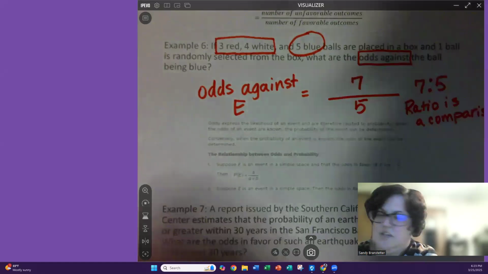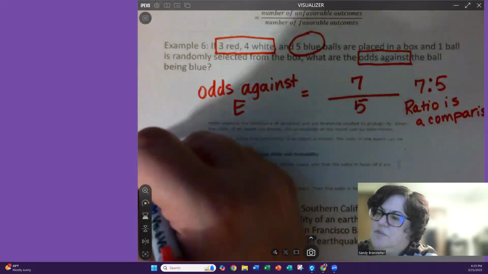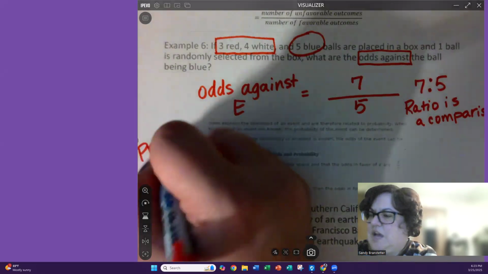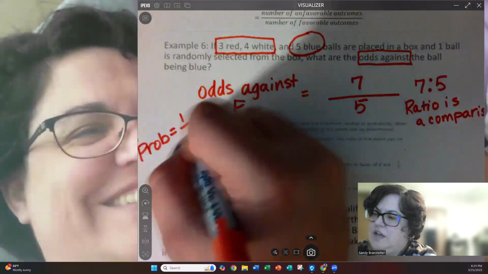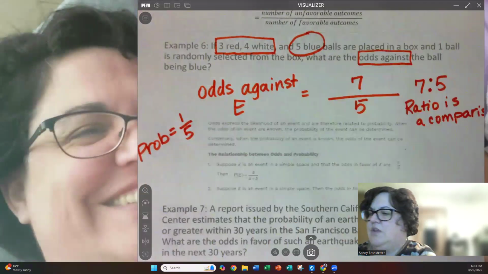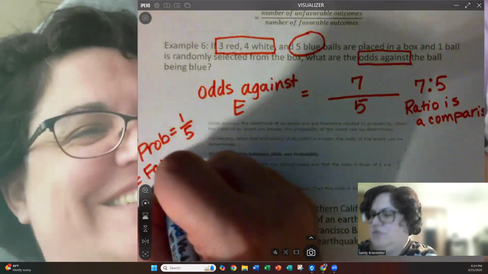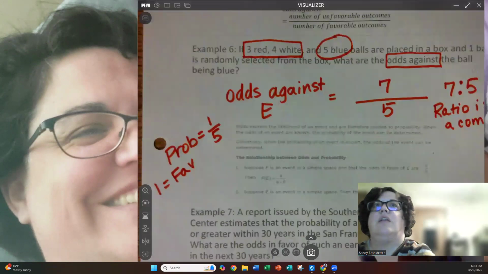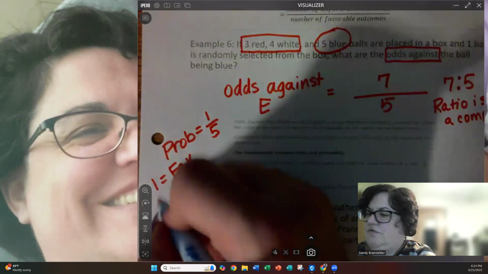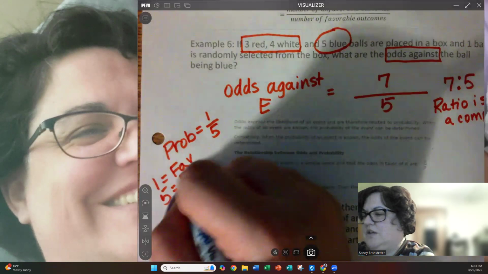So let me tell you this way. If the probability of something happening is 1 out of 5, that means 1 is favorable and 5 is the number possible.